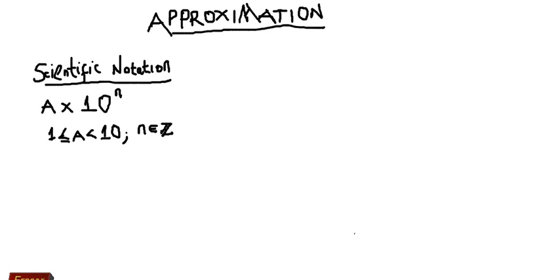Now, I'll just explain in a moment what that means. So here, by scientific notation, what we mean is we want to express usually very large numbers or very small numbers in such a way that it is a number within the boundary of 1 and 10.